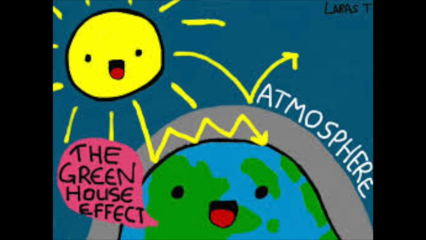Gases function like glass in a greenhouse, allowing visible light to enter but trapping heat. The greenhouse effect traps gases like carbon dioxide and water vapor inside the atmosphere, which causes the heat to be trapped and the temperature to keep rising.